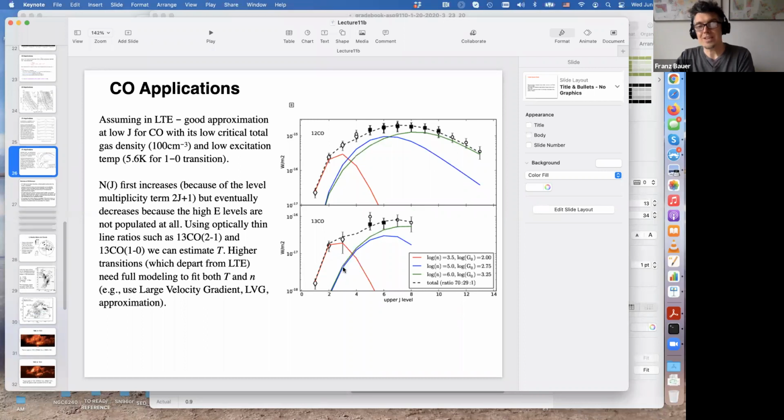Likewise, if you look at the low density material, the ratio between the 3 to 2 and the 6 to 5 is again an order of magnitude. So what this says is that what we're seeing is not homogeneous. You're seeing different density, different temperature components, which makes sense.